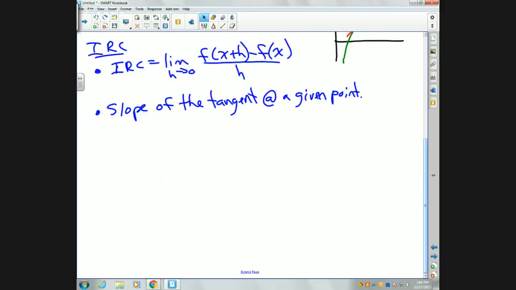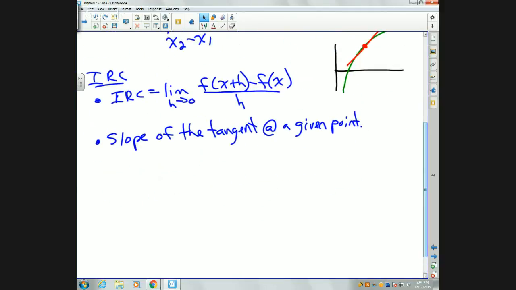Here's the trouble that we're going to run into. If I do this for a log function, let's say we just do log x. And if we want to find the instantaneous rate of change of this function, we would do the limit as h goes to 0 of f at x plus h.